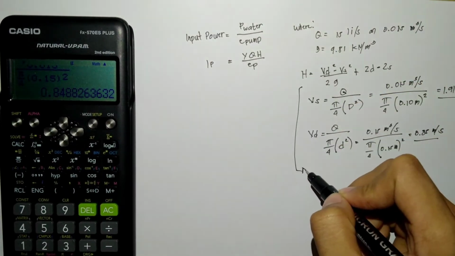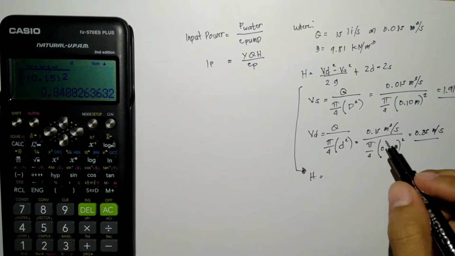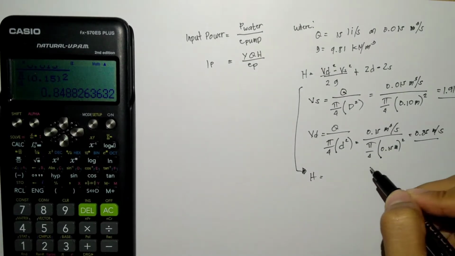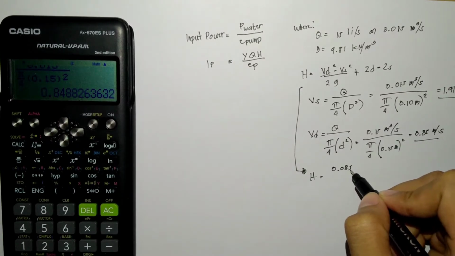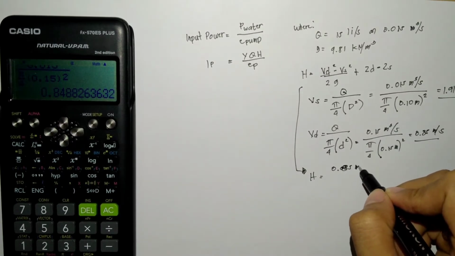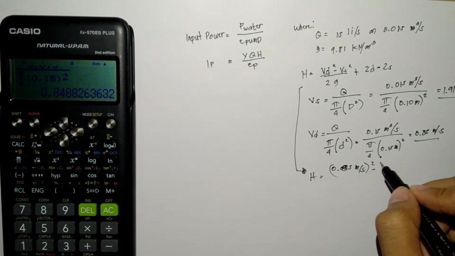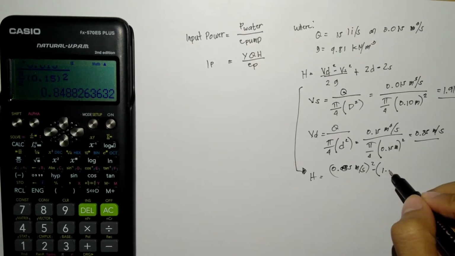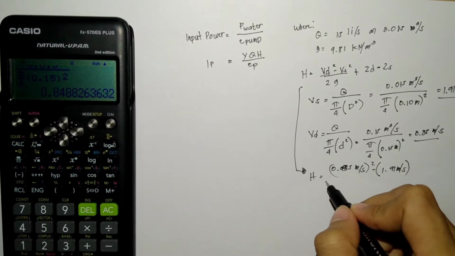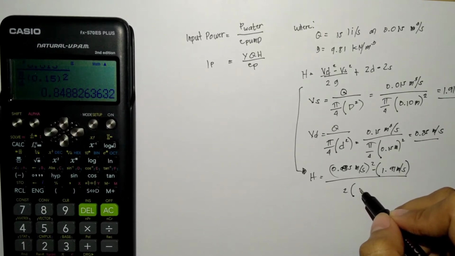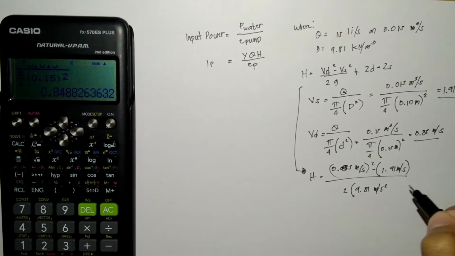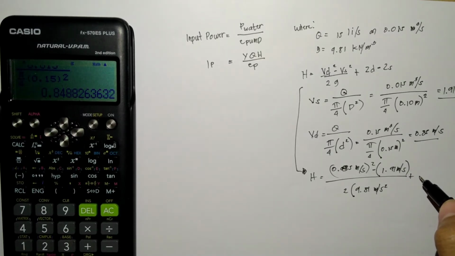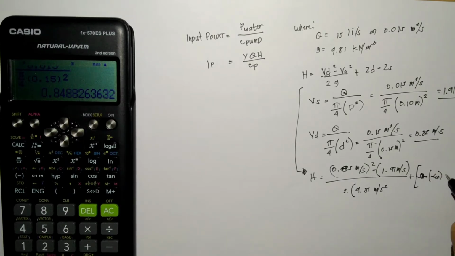So substitute, we have total head is equal to Vd, which is 0.85 meter per second, squared, minus the suction velocity, which is 1.91 meter per second, squared, over 2 times acceleration due to gravity, 9.81 meter per second squared, plus the static head, which is 5 meters minus negative 60 meters.